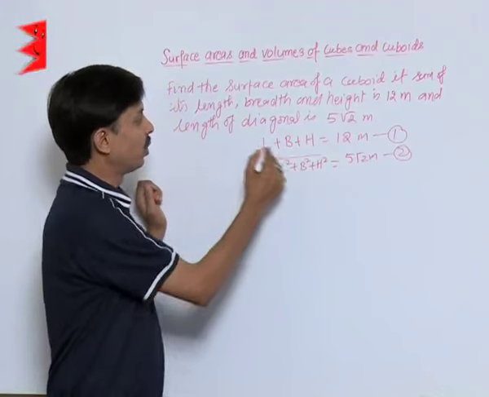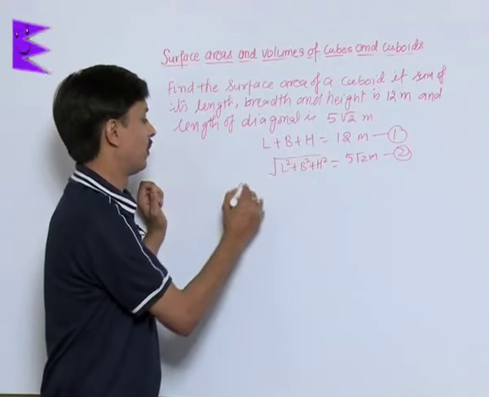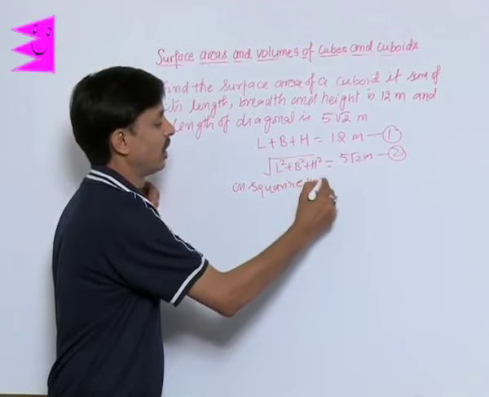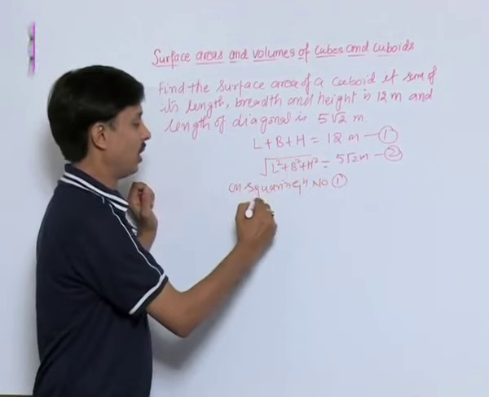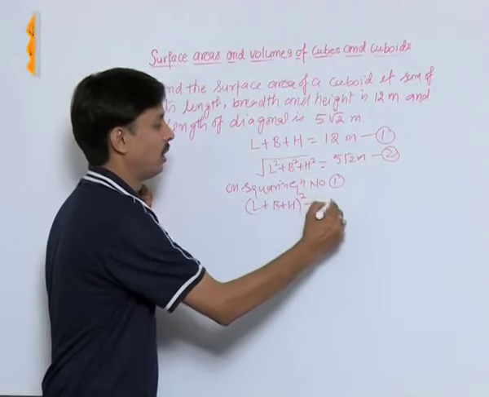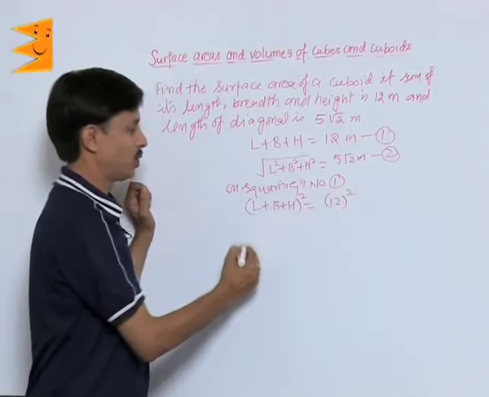Now if I ask you to square equation number 1, on squaring equation number 1, this will be L plus B plus H whole square is equal to 12 whole square.